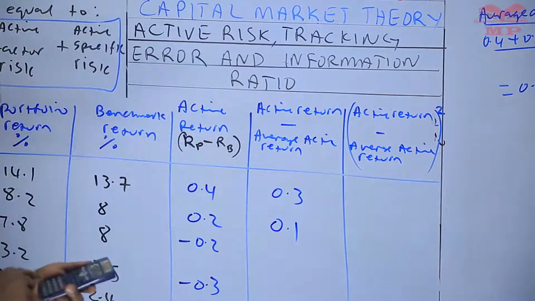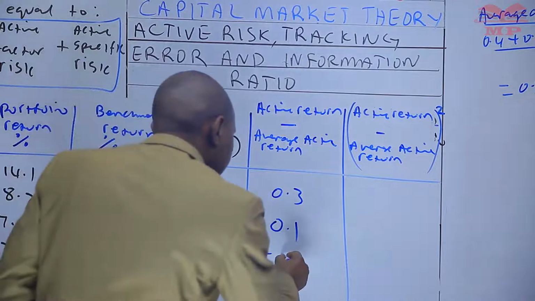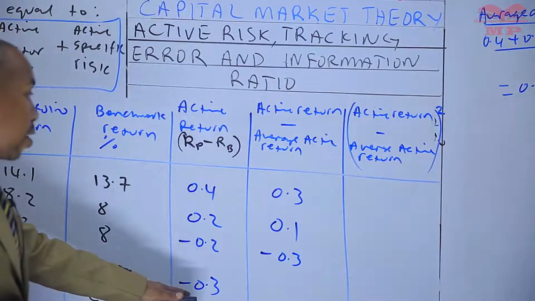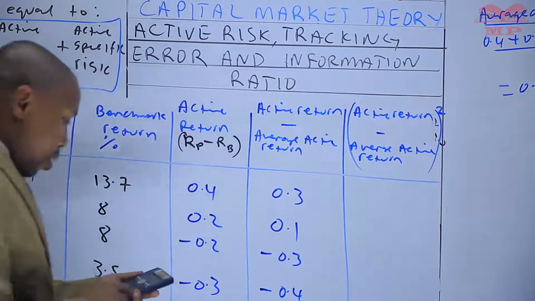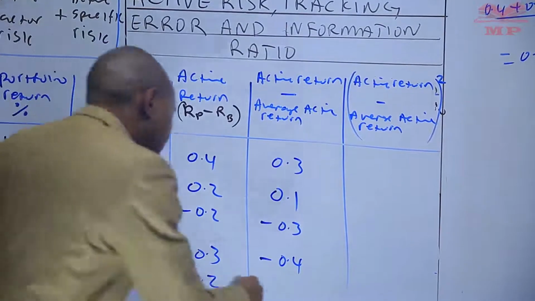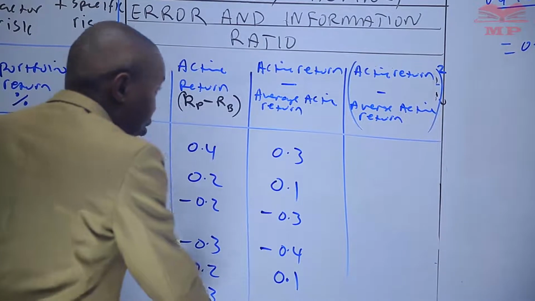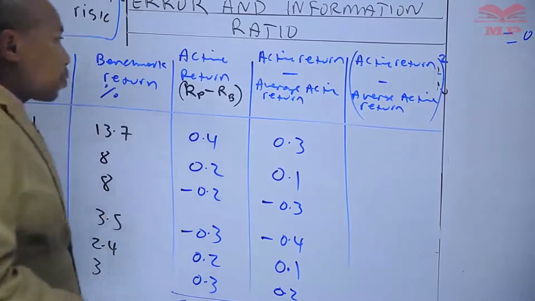Then negative 0.2 minus 0.1, we get negative 0.3. Then negative 0.3 minus 0.1 is negative 0.4. And then we have 0.2 minus 0.1, we have 0.1. Then here we have of course 0.3 minus 0.1 is going to give us 0.2.